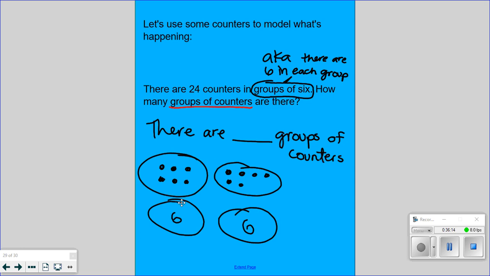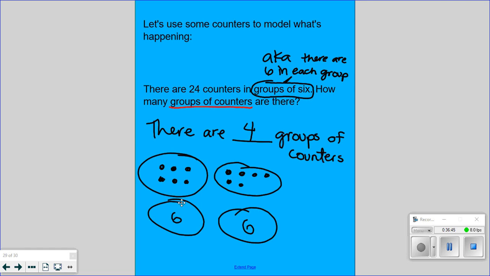Look at my answer sentence. Bryson, that would be on the board. What does it actually want me to tell it? Jalen? It wants you to tell how many groups. So how many groups is that? 4. Groups, piles, those are going to be synonyms. There are 4 groups of counters.